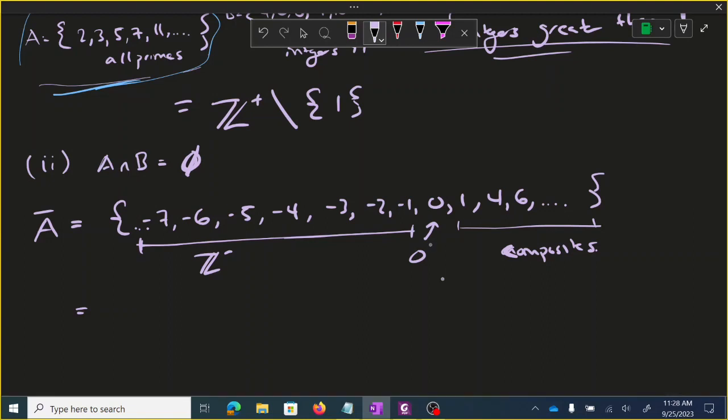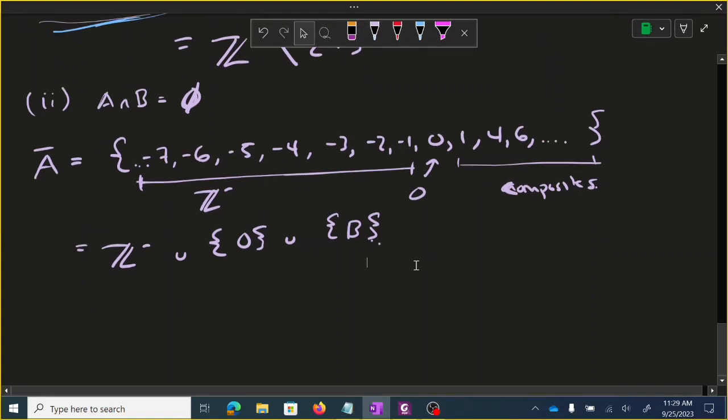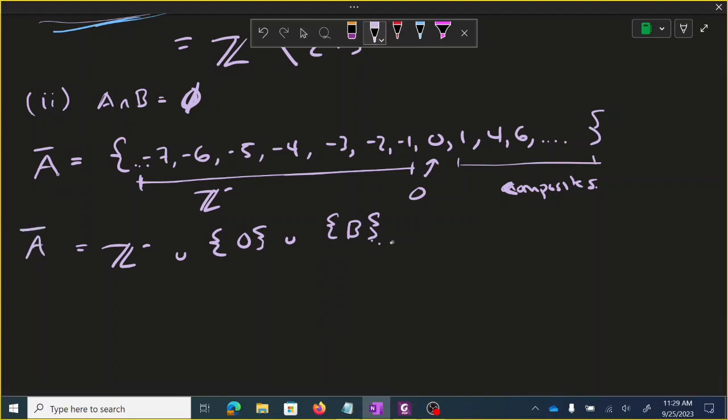So we can write this as a union. Okay, so that's a good way of practicing union of these three sets. We have the negative integers, 0, and then B, the composites, and that's what A bar is, or A complement.